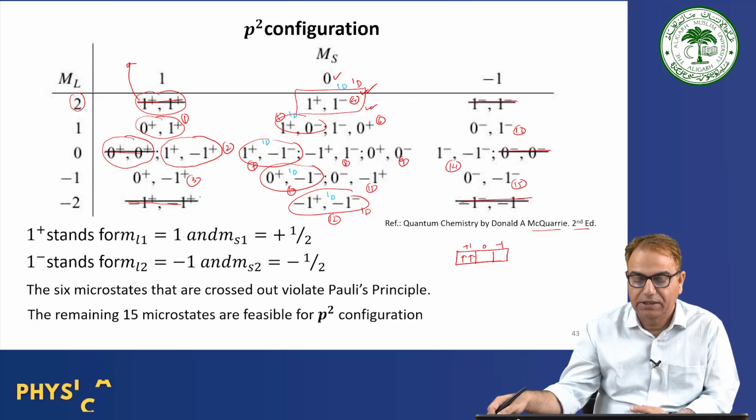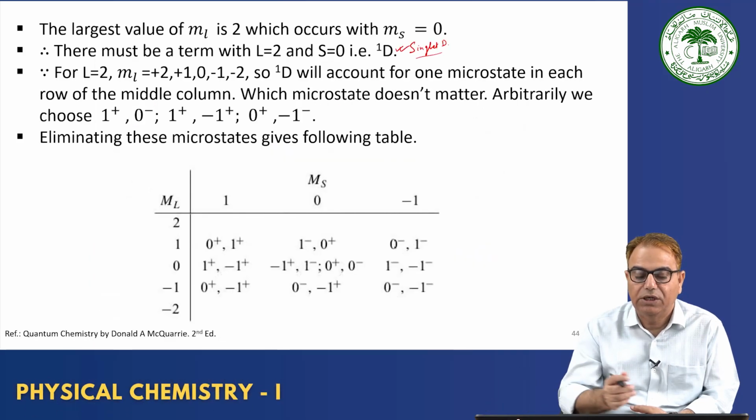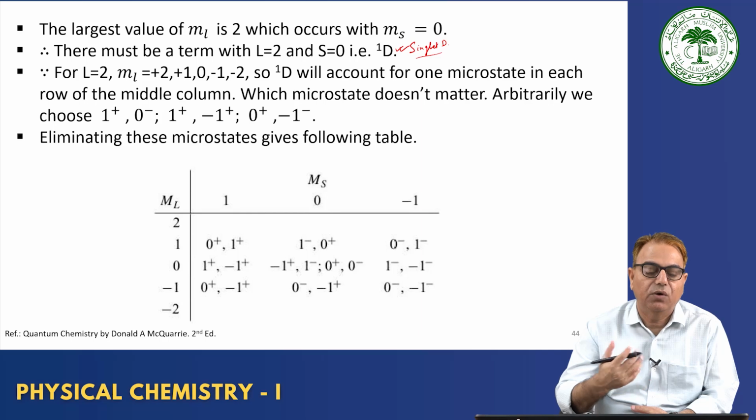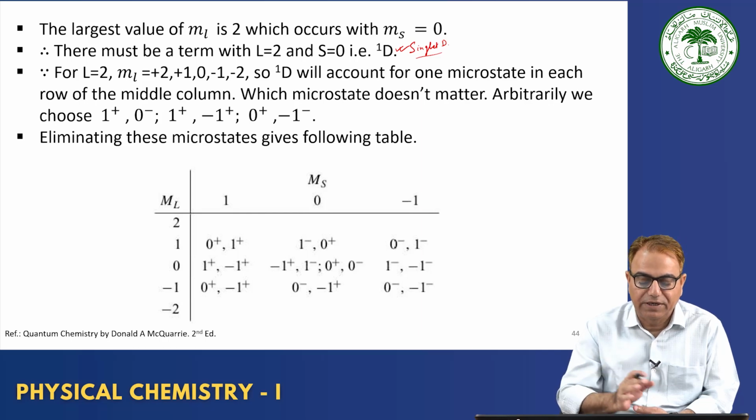So let's see what you get. The new table is like this one, eliminating all the microstates which are not feasible because of the Pauli method, and which we have accounted for singlet D. Now we can write a new table.